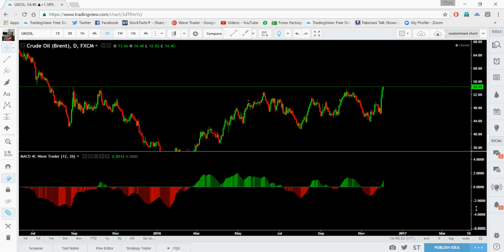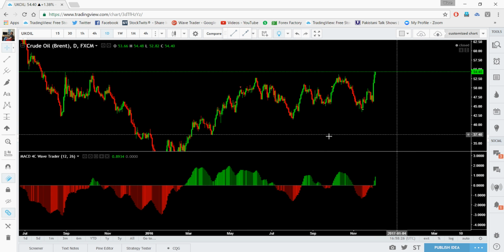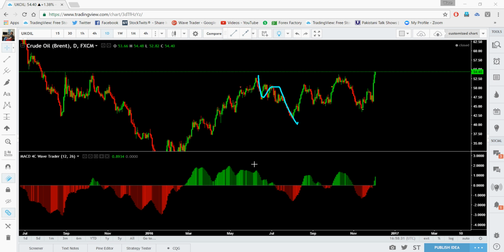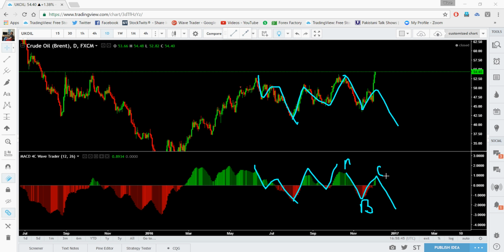The MACD traders were looking like this: A B C, A B C, A B C, and the next one A B C, expecting something like this. Sorry, A here, B here, and C here. So they haven't got the idea what pattern this is, how this pattern behaves, and where this pattern goes.